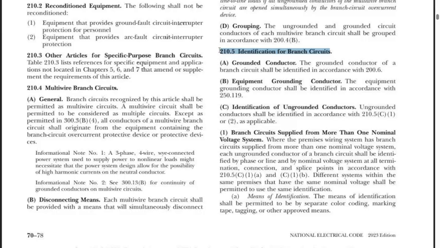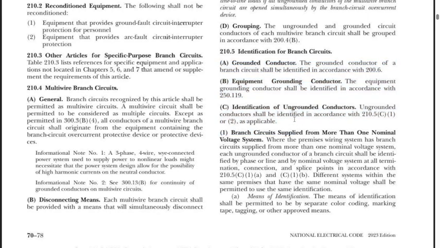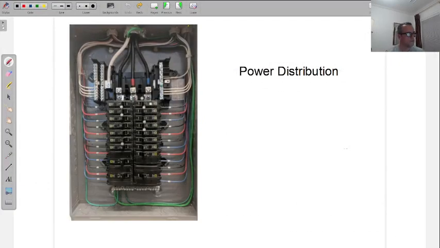What this is going to get into is color coordination between the conductors. Again, it shows up in a few articles, article 310, article 220, and this one in article 210, identification for the branch circuits.